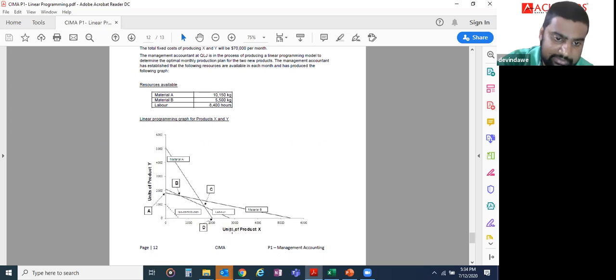I want you all to write the two constraint equations for the two resources intersecting at the optimum production point. Do it. First, find the optimum production point, then write the equation of the two constraints intersecting at the optimum production point. Clear? Do it quickly.